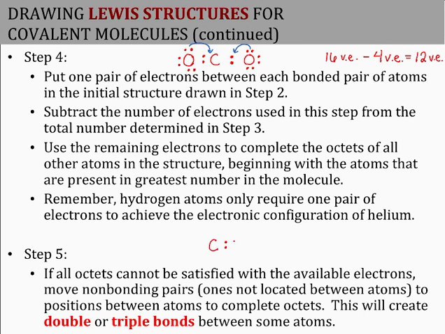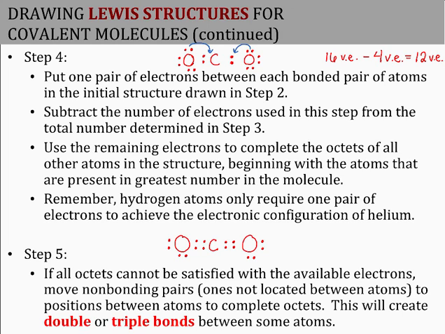So now carbon is sharing 4 electrons with the oxygen on the right, and it's sharing 4 electrons with the oxygen on the left. So now carbon has a total of 8 electrons. Now, even though we moved those pairs of electrons from oxygen, oxygen is still sharing those electrons.